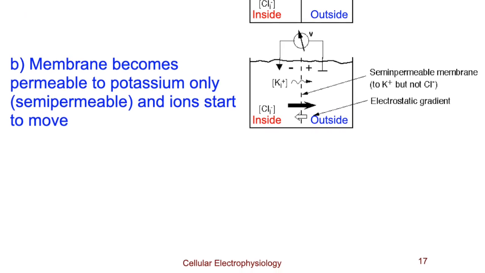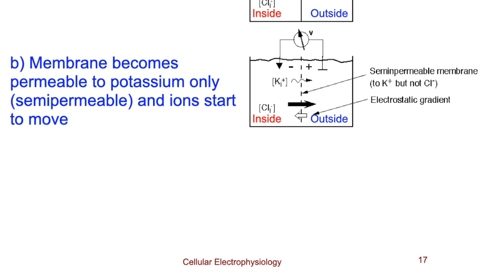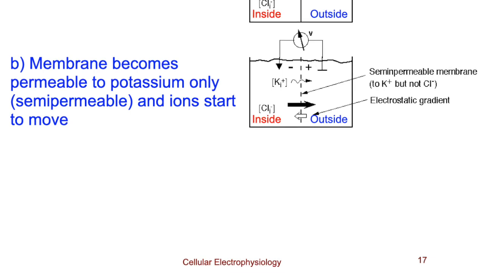Immediately, as soon as we drop the potassium chloride salt into the left-hand side, we create a gradient of concentration, a chemical gradient, and that causes, if it's possible for ions to flow, those ions to pass through the semi-permeable membrane and start to diffuse down the gradient and spread from the inside to the outside, as we've labeled the left and right sides of this beaker.